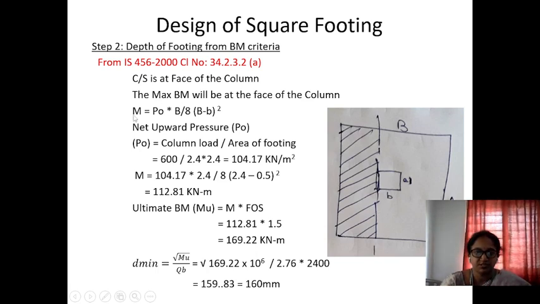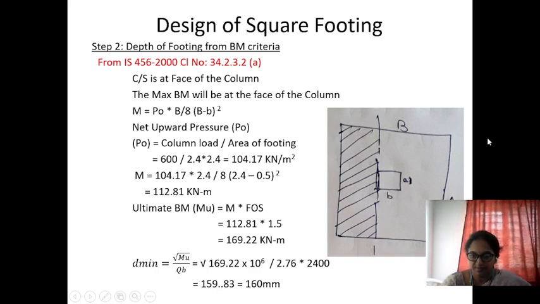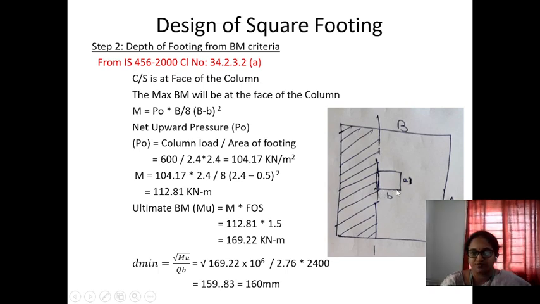With this, the bending moment formula is equal to P0 into B by 8 into (B minus b) square. B means width of the footing, small b means width of the column. P0 means net upward pressure. The P0 formula is column load by area of footing. The column load is 600 and the area of footing is 2.4 into 2.4, which we calculated in the previous step.